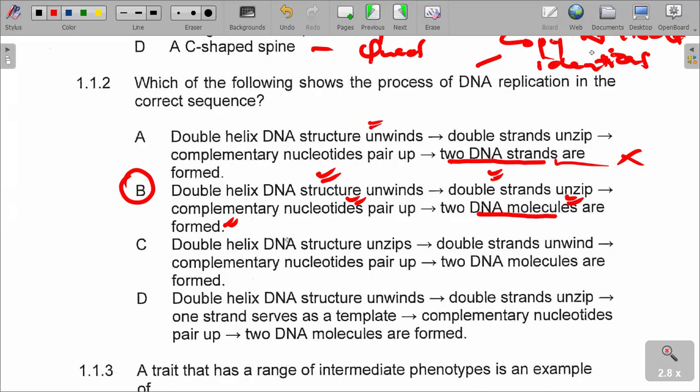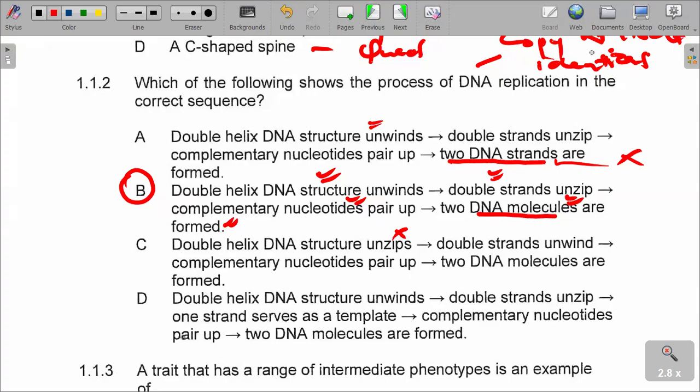But if you see number C, the double strands unzip, it also unwinds. What starts first is unwinding, not unzipping. Then the double strand structure unwinds, double strands unzip, one strand serves as a template, complementary nucleotides pair up, and two identical molecules are formed.